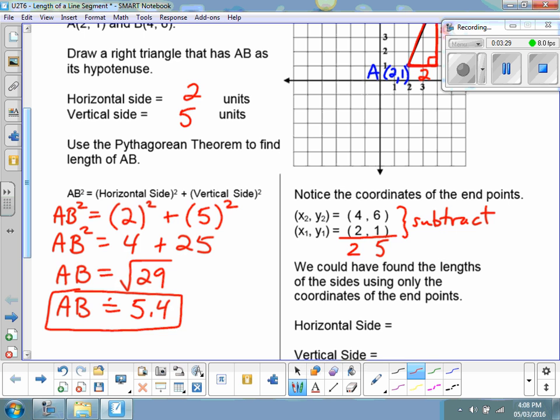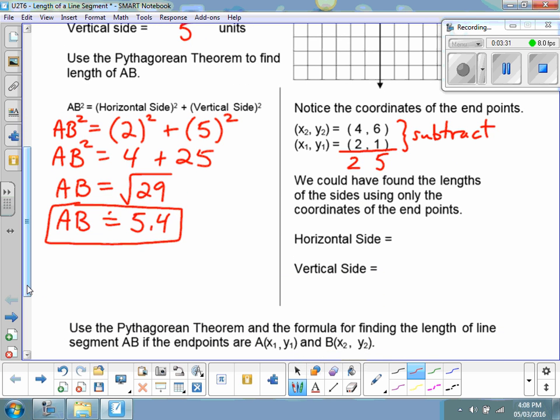And so when you're trying to find the lengths of the horizontal and the vertical side that we drew, to get the horizontal side, which was 2, we are subtracting those 2 values. So x2 minus x1 gave us that 2. And for the vertical side, we do y2 minus y1, and that gave us our 5.